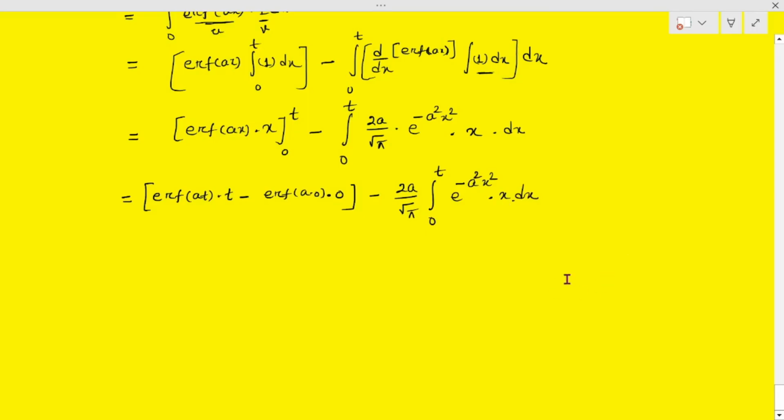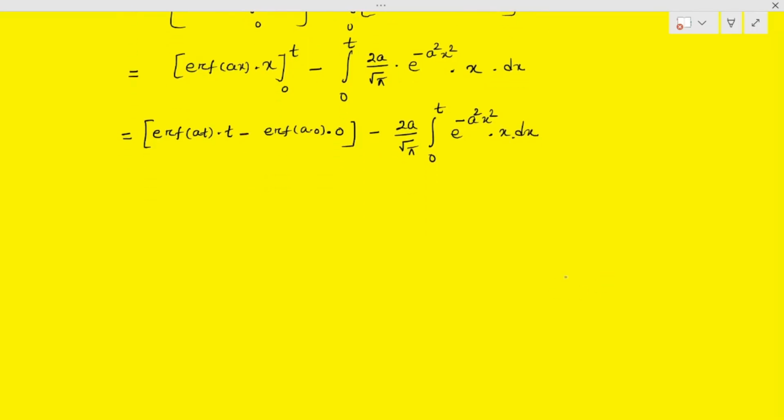This term will be 0 because 0 into this much means 0. So we found this value: t into error function of at, minus this integral, as I have written.